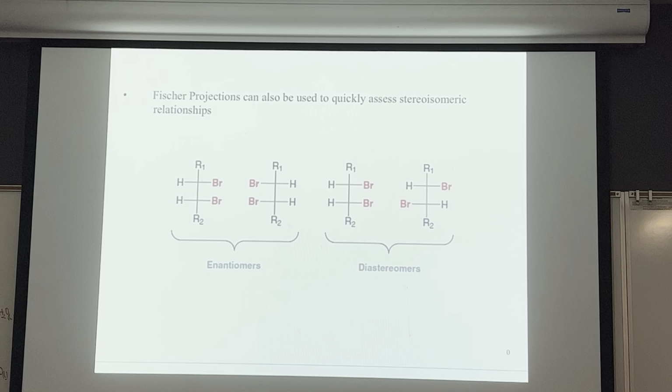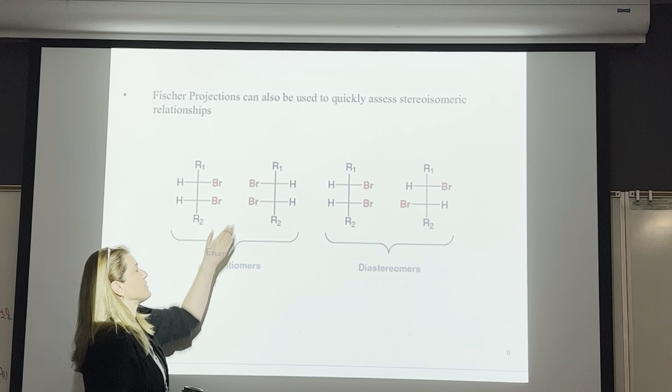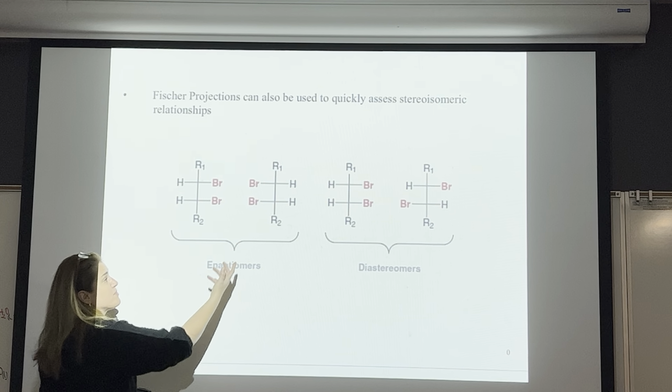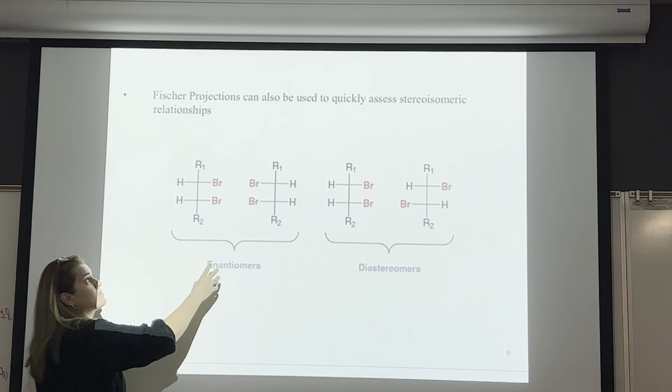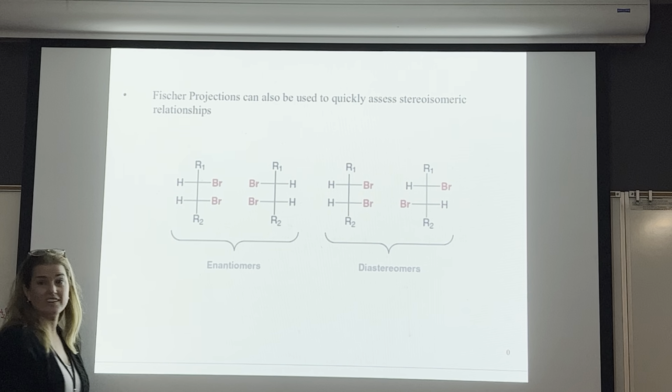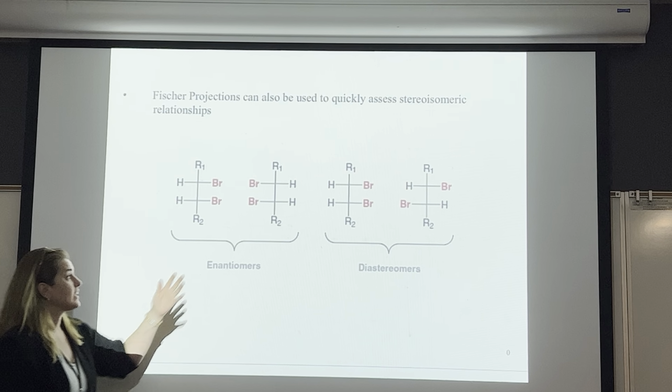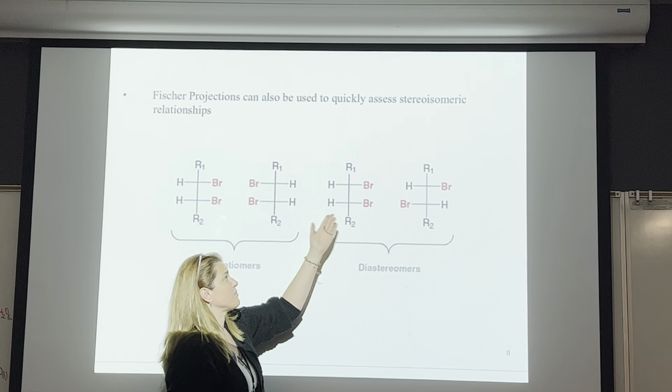Okay, so Fischer projections make it pretty easy to see if something's an enantiomer or a diastereomer. So right here, at our chiral carbon, you can see that it's drawn opposite. So those are enantiomers, because that was a mirror image of this one. Are you guys okay with that? And over here you can see that these molecules have how many chiral centers?